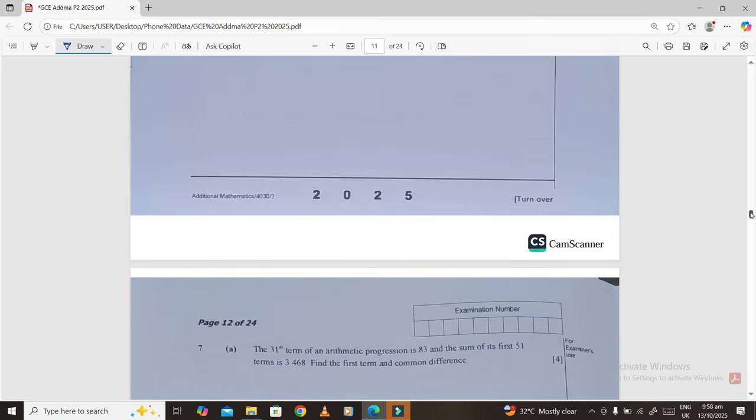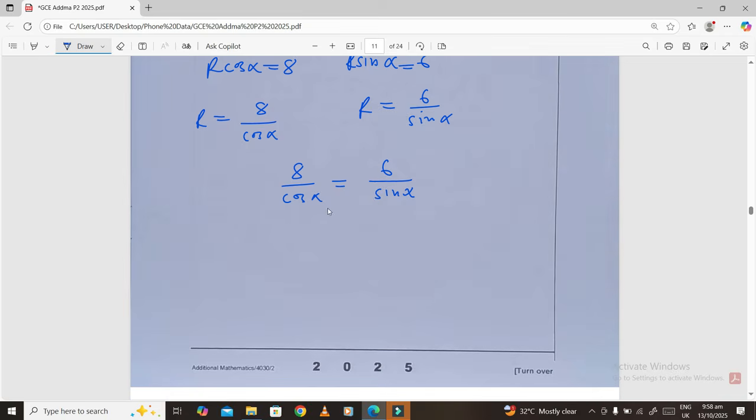We now cross multiply. So we're having sine alpha over cos alpha is equal to 6 over 8. So this, using the trig identity, we can write it as tan alpha is equal to 6 over 8.